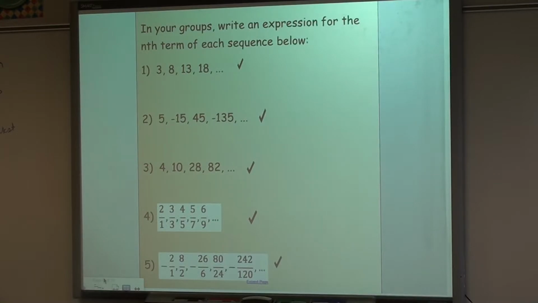Which is correct. Then why wouldn't number 1 be... For 3? 4 plus 6 times 3 to the n.